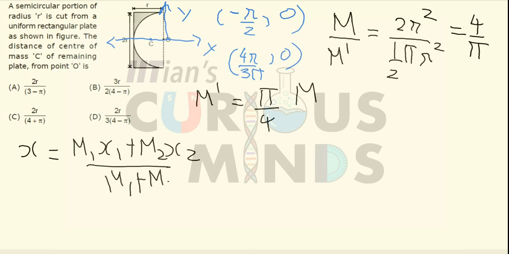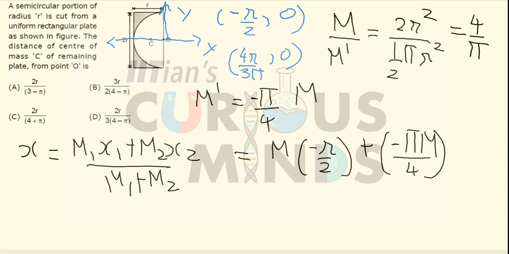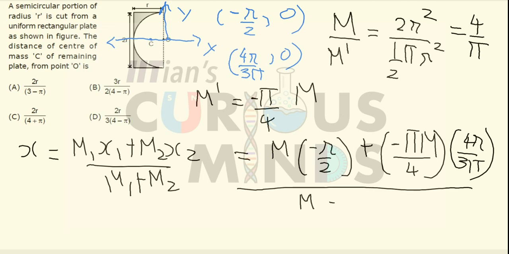Since m dash has been removed, this mass will be negative. m1 is equal to m, x1 is equal to minus r by 2, plus m2 x2, which is minus pi m divided by 4 into x2, where x2 is given as 4r divided by 3 pi, divided by m minus m divided by 4, this being m1 plus m2.